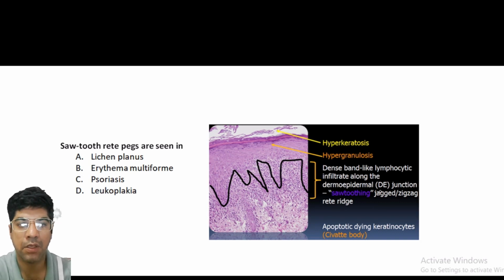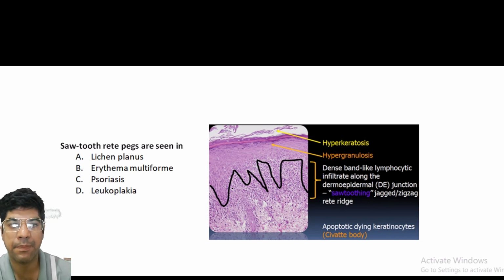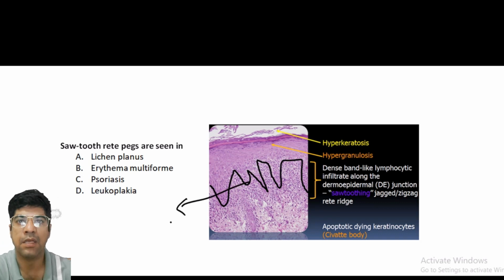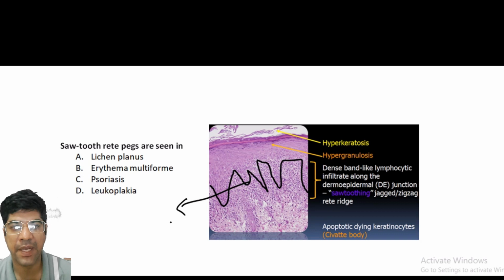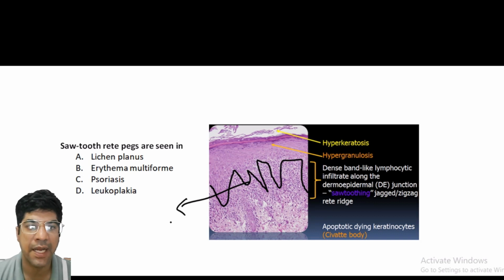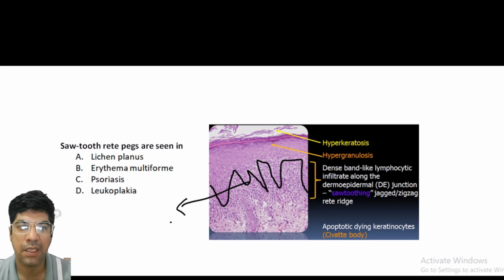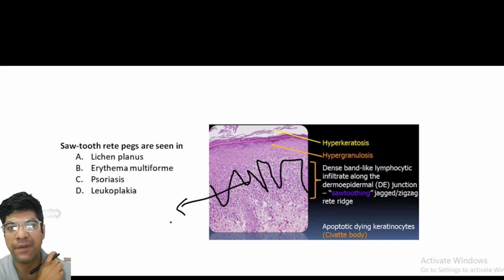Next question, the saw-shaped rete pegs. These saw-tooth rete pegs are seen in cases with lichen planus. The saw-tooth rete pegs refer to the appearance of elongated and pointed ridges that are the extension of epidermis into the underlying connective tissue seen in histological examination.